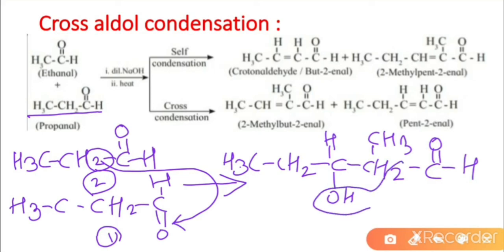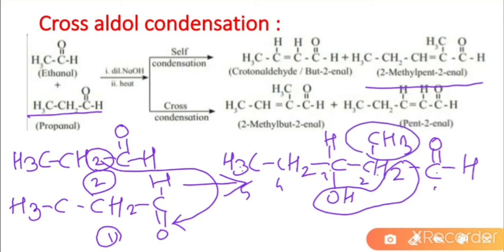Removal of this OH and H, we get 1, 2, 3, 4 and 5. Means this product: 2-methylpent-2-enal.